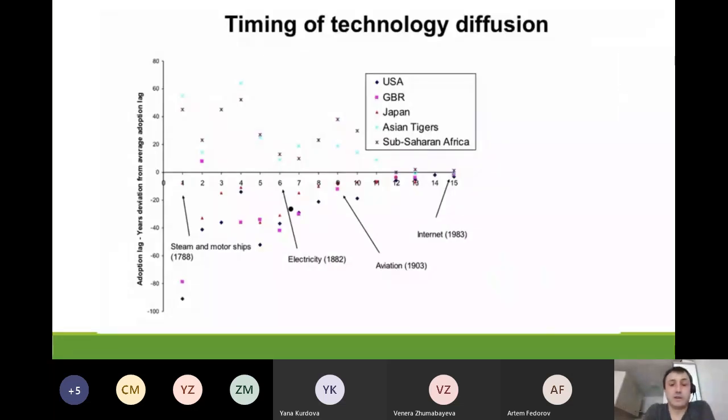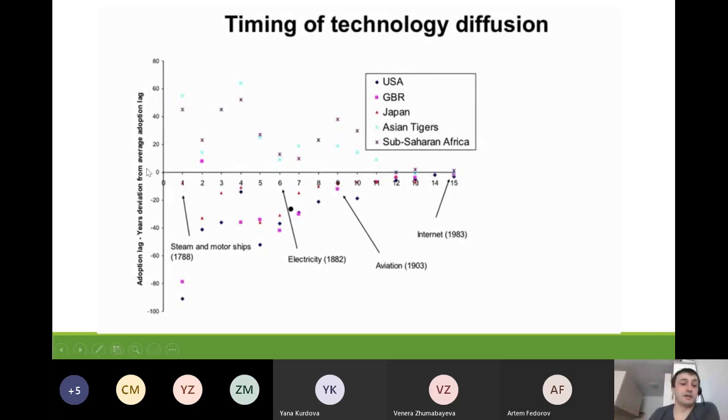And now to the spread of the technology around the world. This chart might be a little bit confusing, so I'll try to explain it a little bit better. Basically, it shows you the difference. There are 5 major regions in the world: USA, Great Britain, Japan, Asian tigers, and sub-Saharan Africa. And for each of these inventions, so this is steam and motor ships, electricity, innovation, internet, it shows you how far in advance or how far behind these regions were to adopt the given technology.